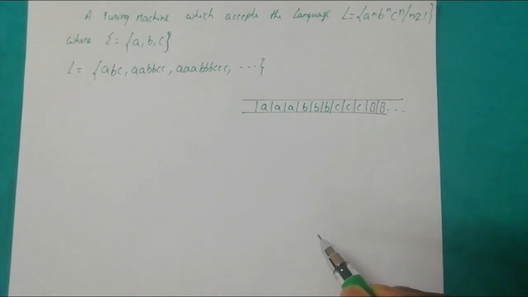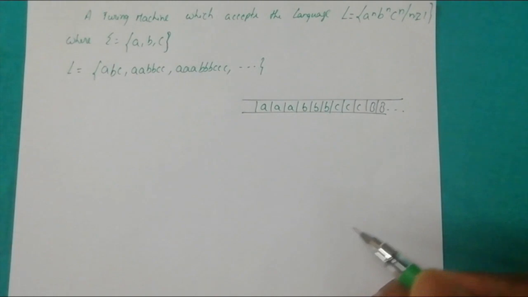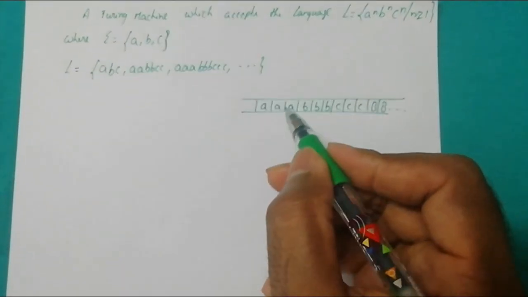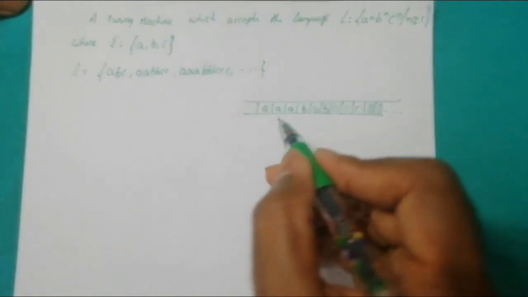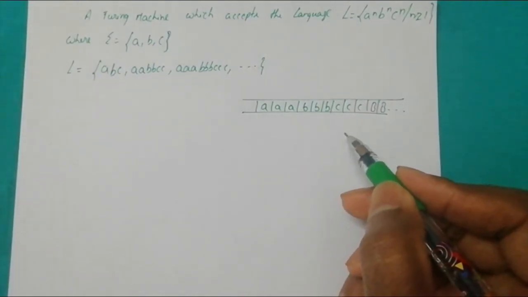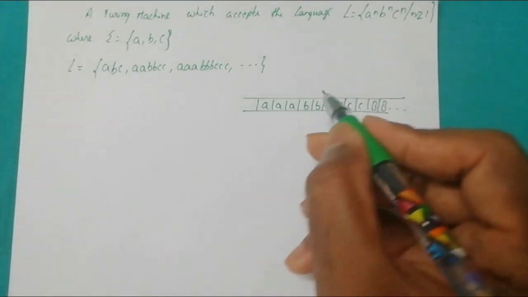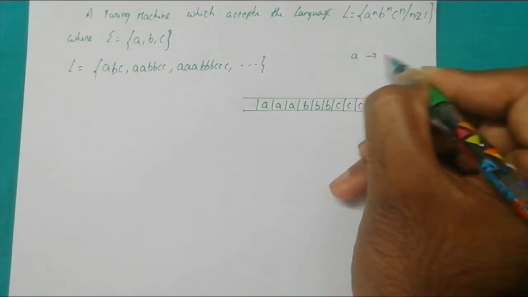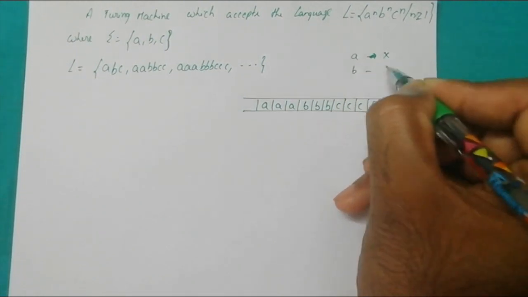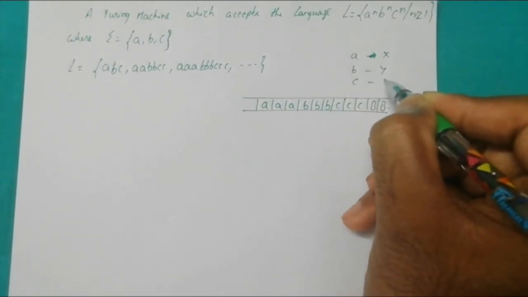Like we did in the previous example, L = {a^n b^n}, in this example also we are going to follow the same process. That is, we match the corresponding characters and convert them into some new characters. For example, we assume that a's are converted to x, b's are converted to y, c's are converted to z.